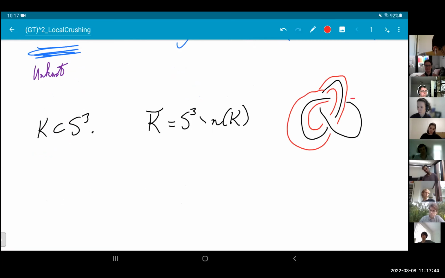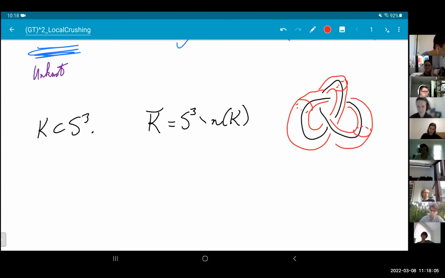This is a terrible drawing, but maybe it gives the idea: a little solid torus neighborhood of the knot, you delete that. What you get left with is a manifold with boundary, which we call the knot complement, the space that's away from the knot.